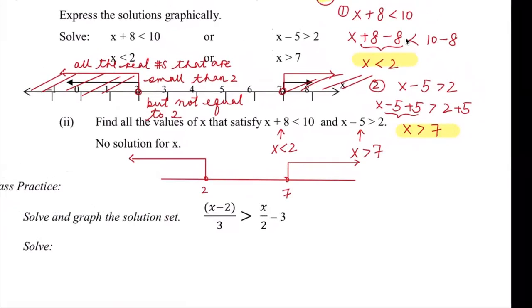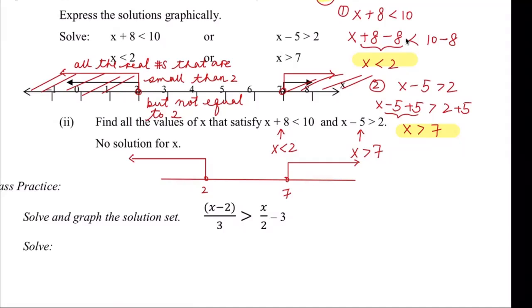Now we're asking for the overlap part of these two solutions, which is here. But you can see there's no overlapping part, right? Because there's no real number that can satisfy both inequalities at the same time. There's no real number that is smaller than 2 and bigger than 7 at the same time.